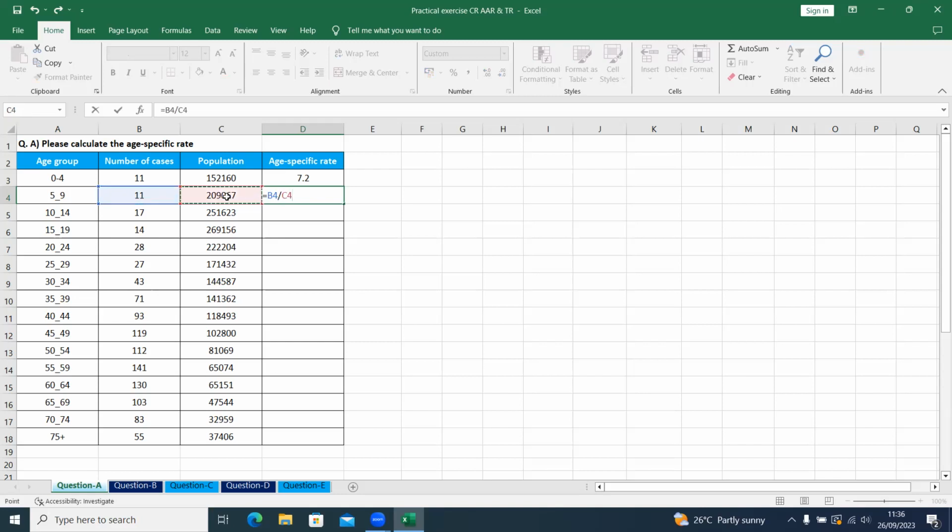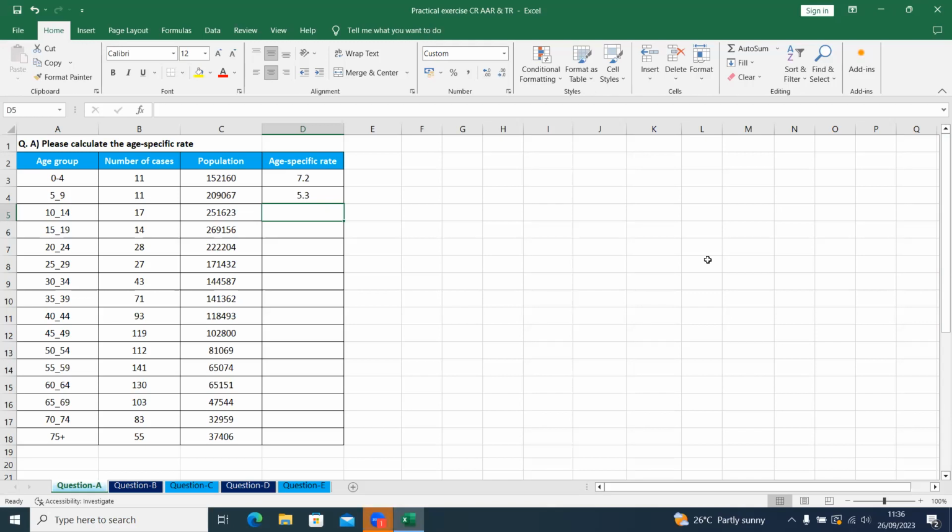Just select that cell into 100,000. Press enter. Now the answer would be 5.9. We have received the answer in the chat box also. Many participants had mentioned it correctly.